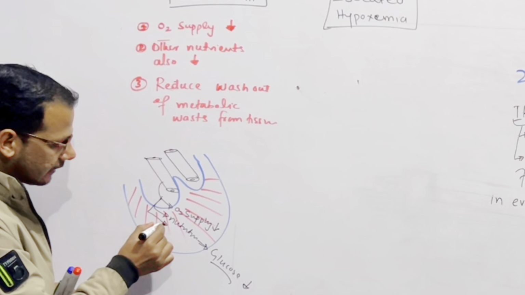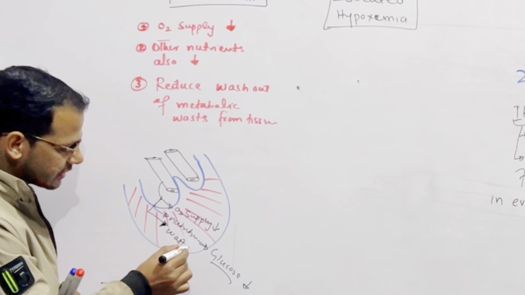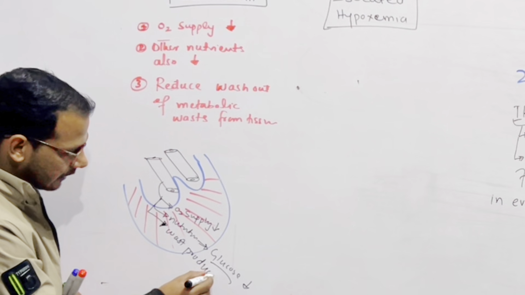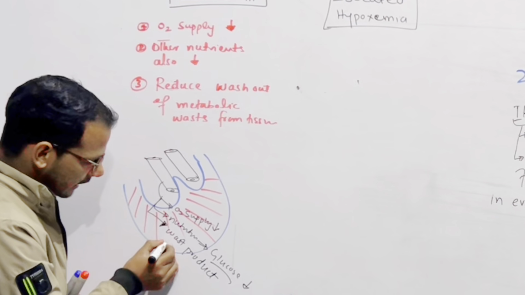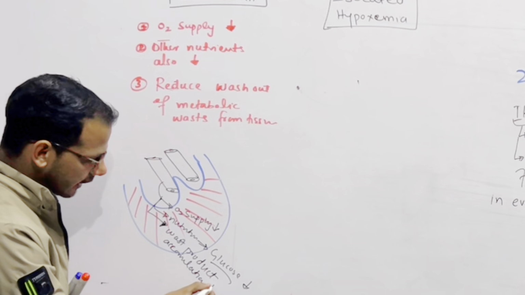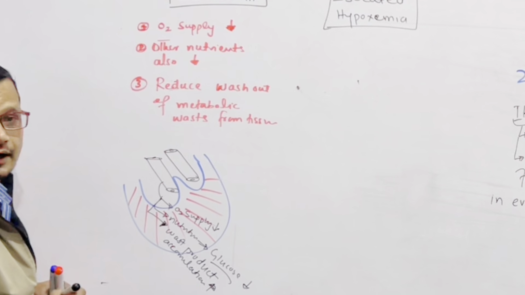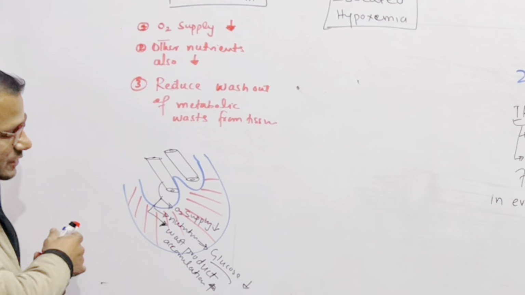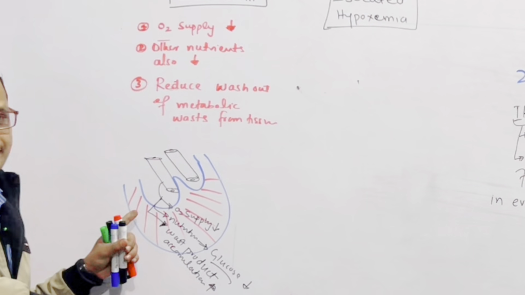And waste product washout decreases, so waste product accumulation increases in these muscles. If there are more waste products, it will affect and weaken the heart muscles.